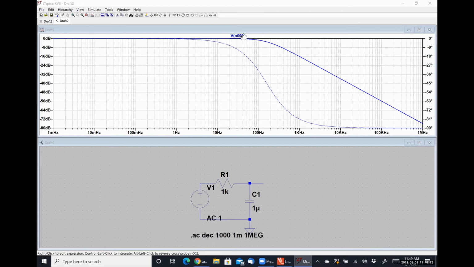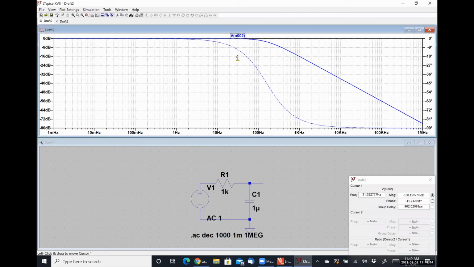If I click on this guy, I get some markers. And so I'm looking for when my magnitude is really close to 3, or -3 specifically. All right, so this is telling me that I should be looking for a frequency of 160.2895 hertz or thereabout. So why am I not getting that?